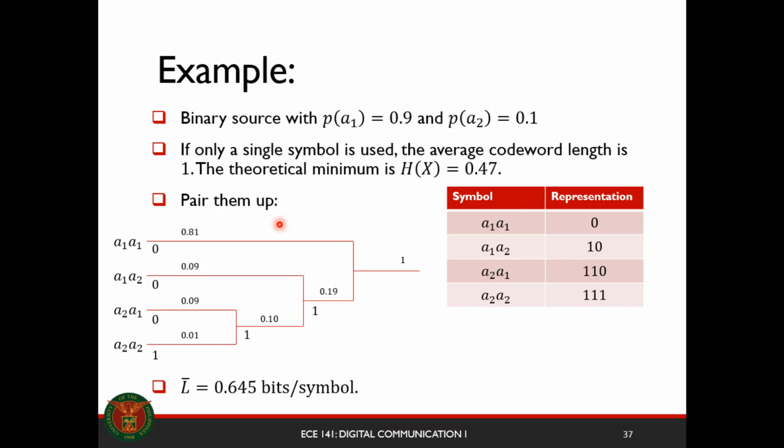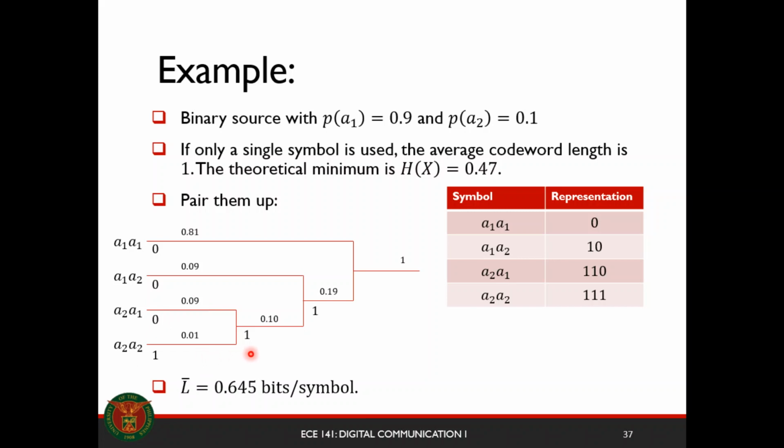If you pair them up, you get a set of two symbols: both could be A1, the first could be A1 and the second A2, the first could be A2 and the second A1, and both could be A2. The probability of two A1s is 0.81, that's 0.9 times 0.9. A1 then A2 is 0.09, and A2 then A1 is 0.09. Both A2 is 0.01.